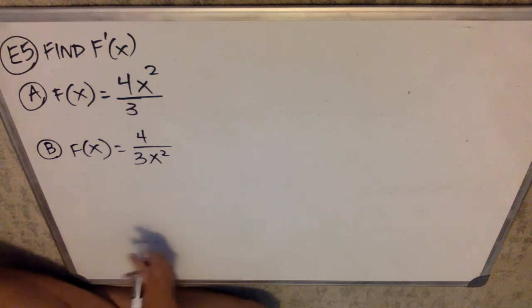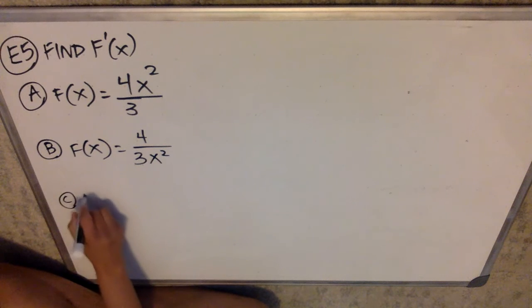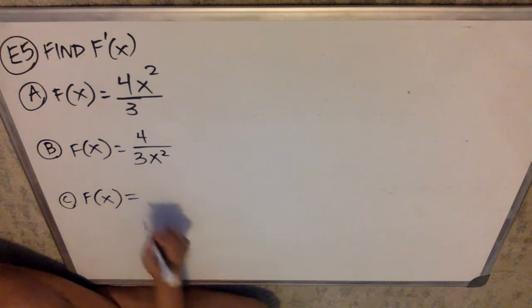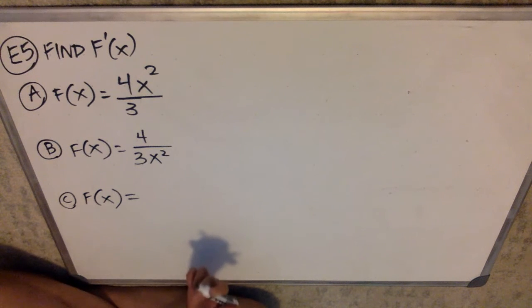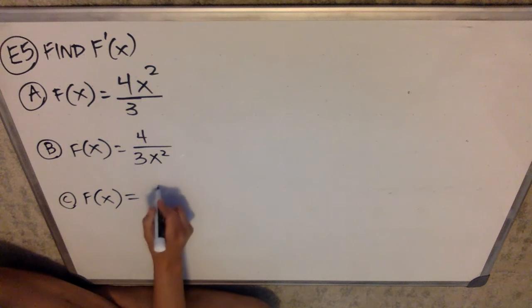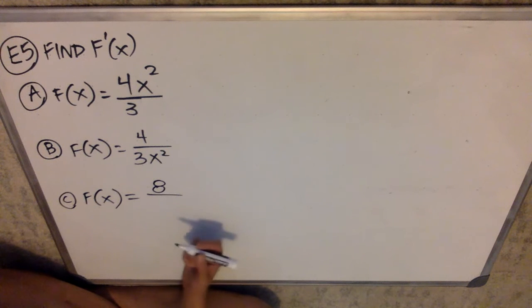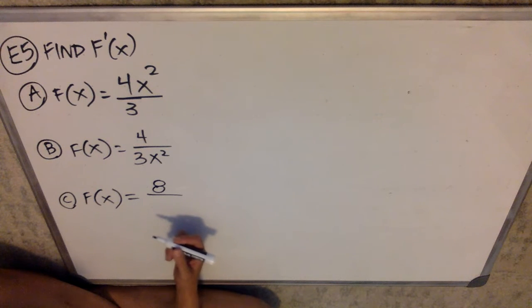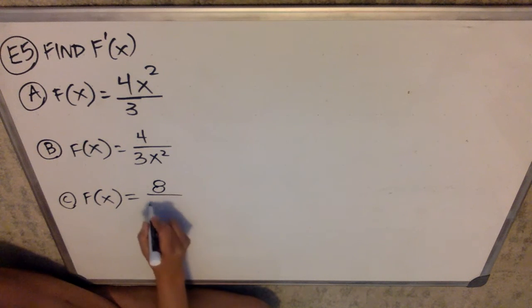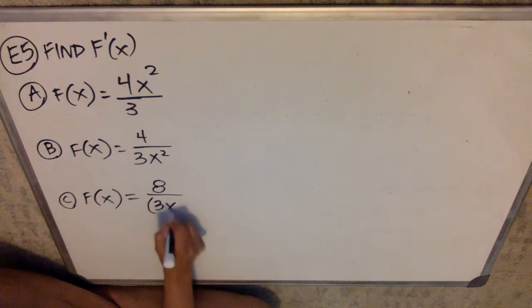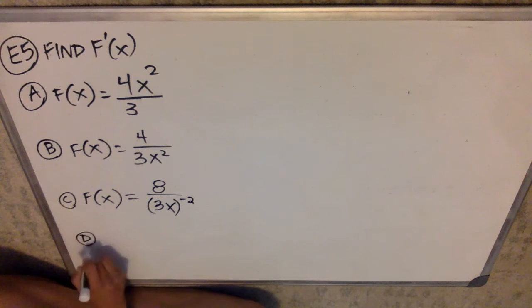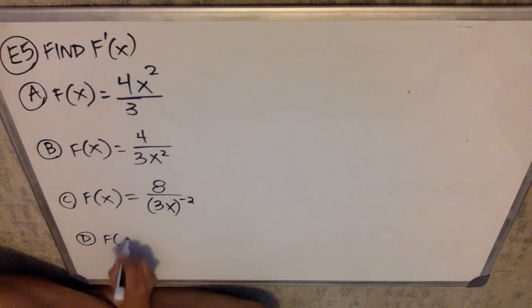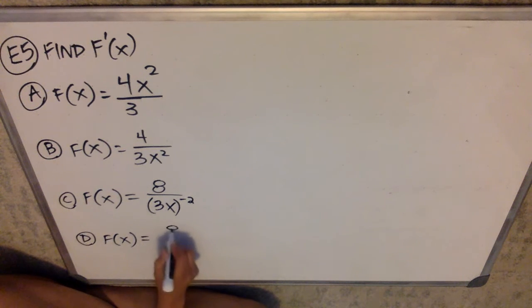For C, we're going to do f of x equals 8 over 3x to the negative second. And for D, an 8 over a 3x to the negative second.